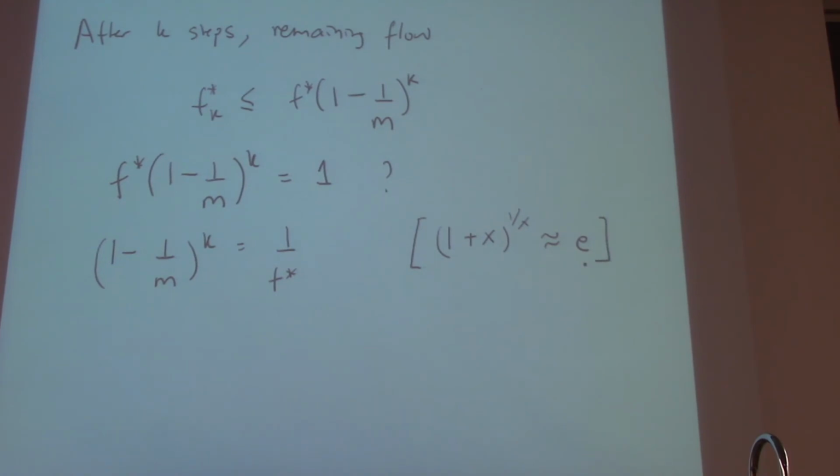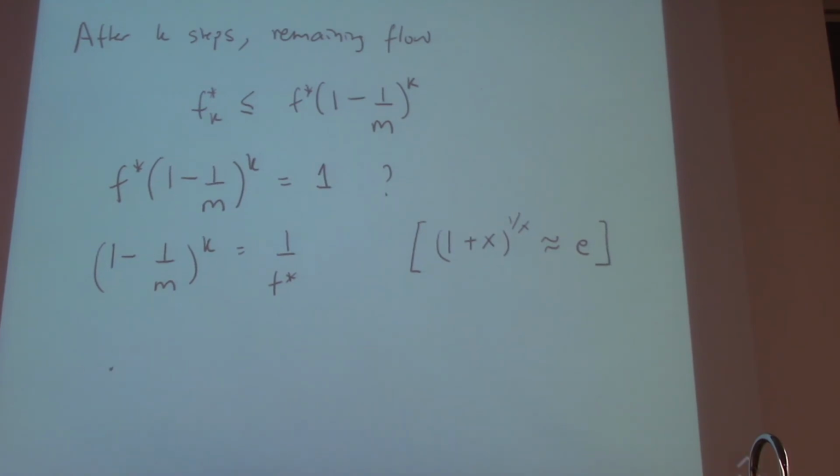You can rewrite this as 1 minus 1 over m to the m times k over m is equal to 1 over f star, which gives me e to the minus k over m should be equal to f star to the minus 1.